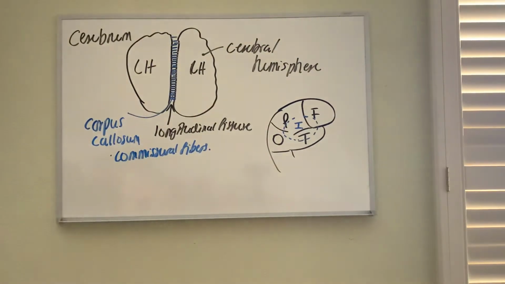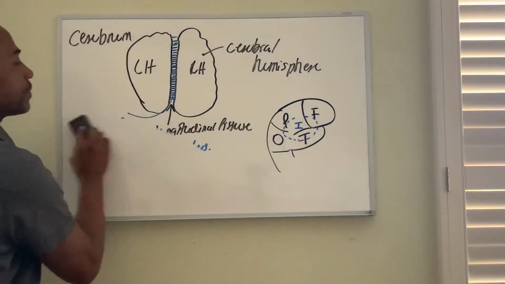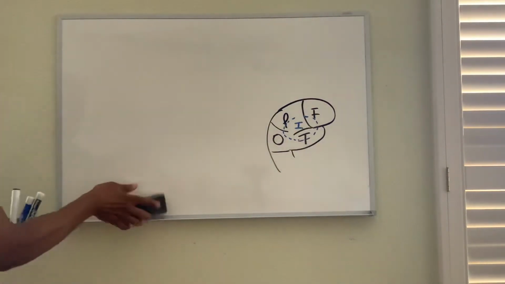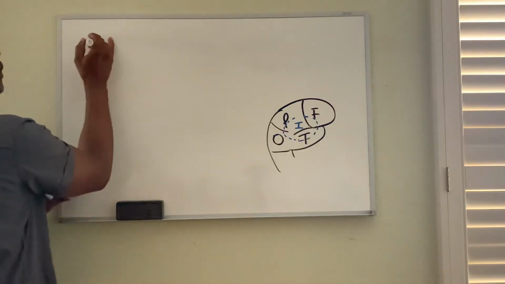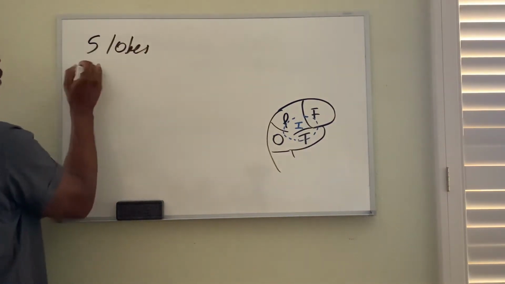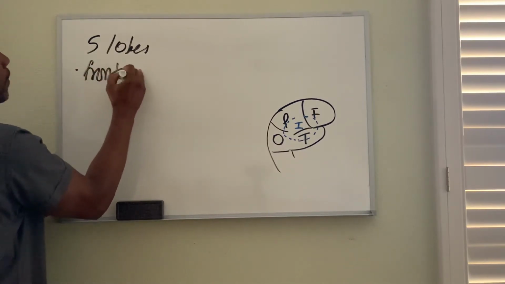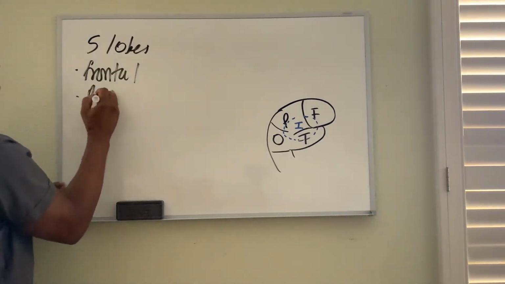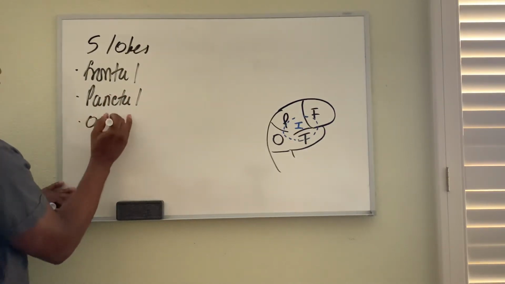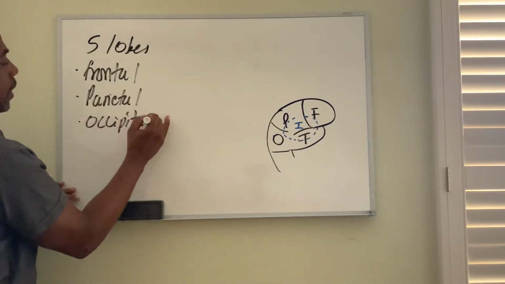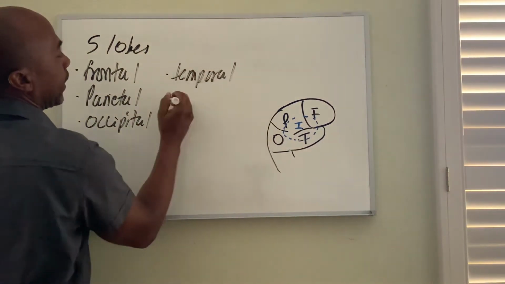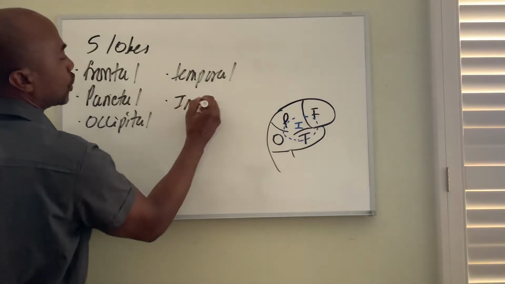And the 5 lobes in each hemisphere are the frontal lobe, your parietal lobe, your occipital lobe, your temporal lobe, and the insular lobe.